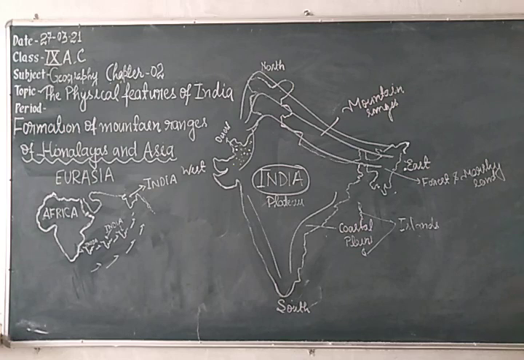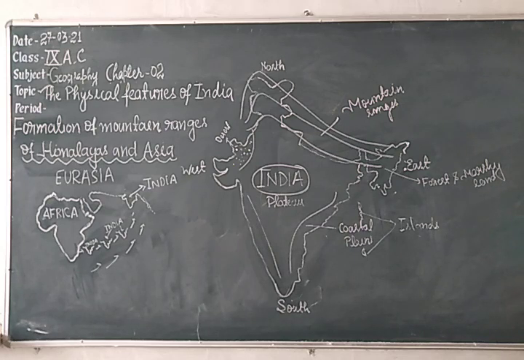Okay? And the Gondwana land included India, Australia, South Africa and South America, which was a single landmass some million years ago.